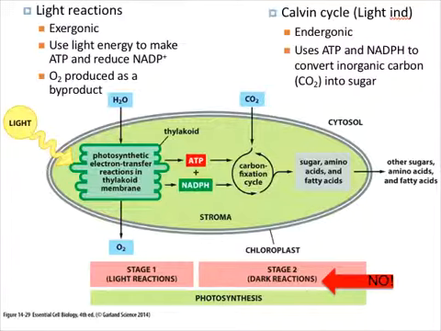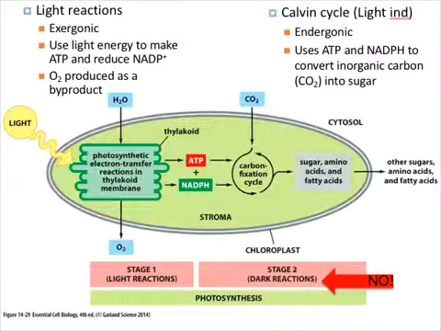So overall, what's going on in photosynthesis is that we've got two different sets of reactions that are designed to eventually make sugars, glucose. And from there, we can utilize that to make all of the other macromolecules that the plant would need.